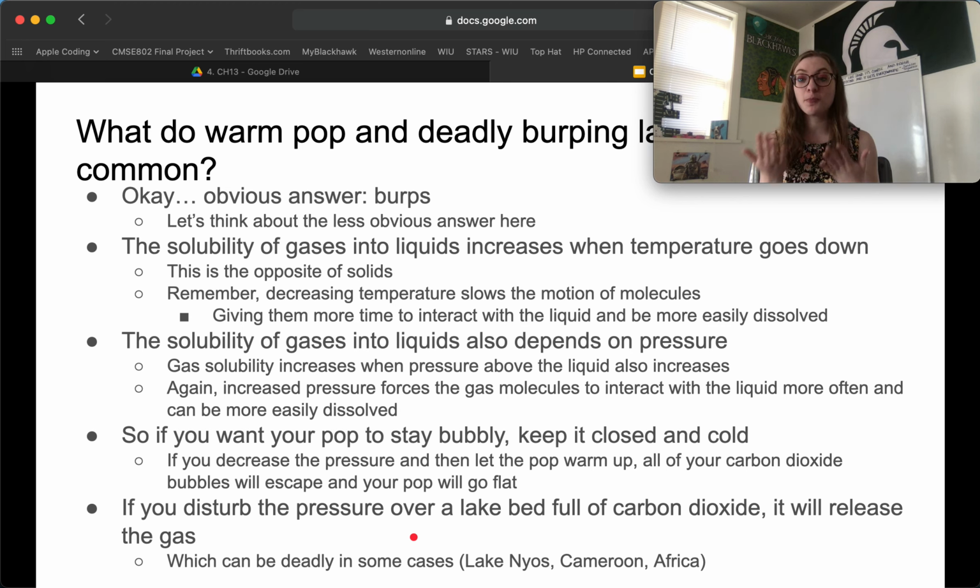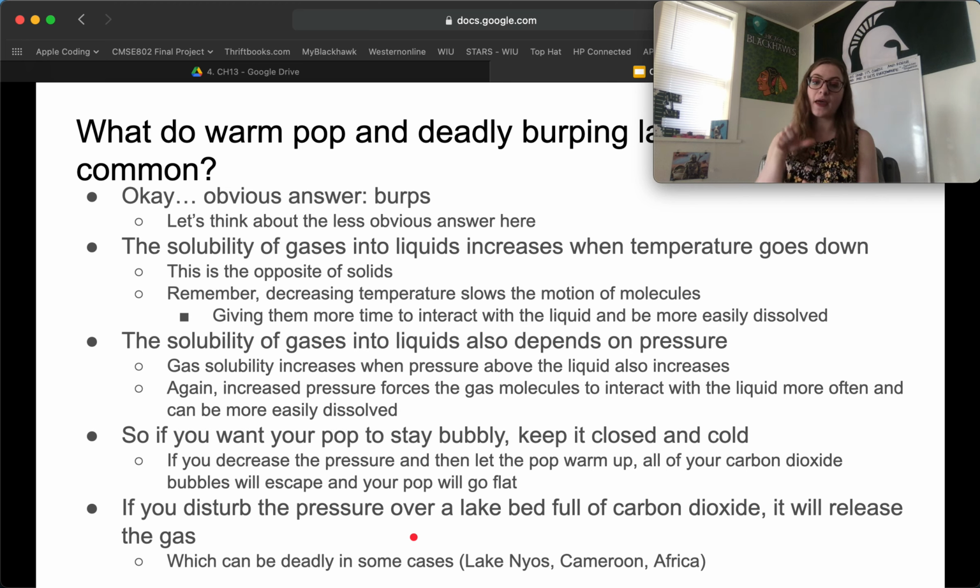If you want your pop to stay bubbly, keep it closed and keep it cold. If you decrease the pressure by opening your pop can, you're going to let that pressure out so that gas can more easily come out of solution, because it's not a bunch of molecules pressing down on the surface of the liquid, saying, okay, one comes out, one's going to go right back in because of such a high pressure, and if you keep it cold, such a cold temperature.